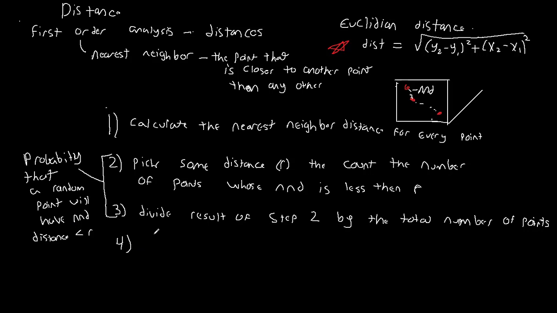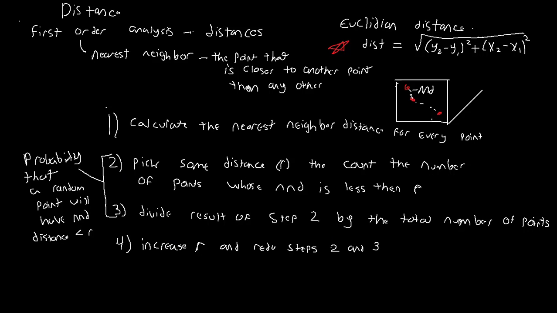Step 4, we increase r. We increase this distance and redo steps 2 and 3. So we increase the distance, count the number of points whose nearest neighbor distance is less than this newly increased distance, and redo steps 2 and 3.